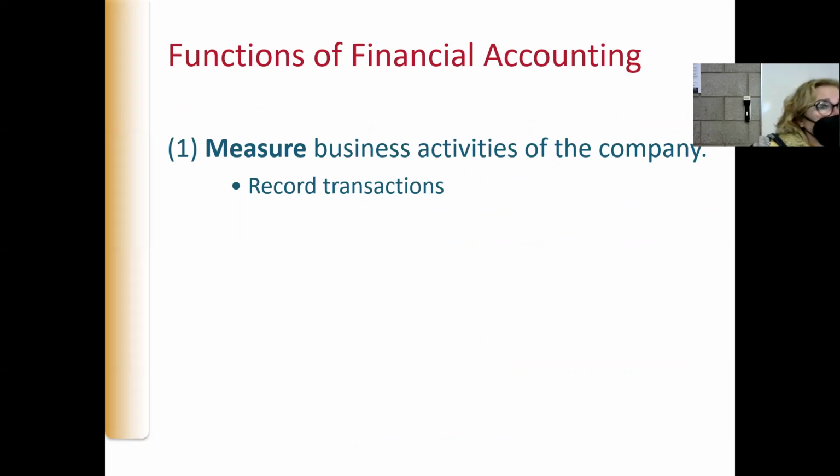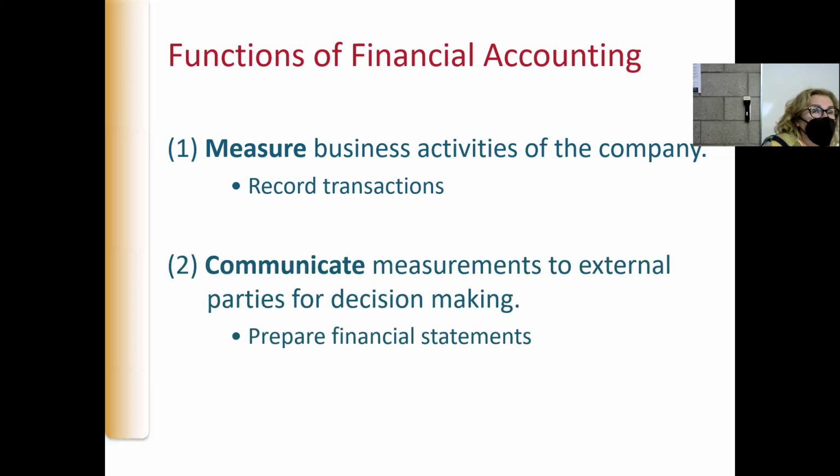So one thing we talked about last week was the purpose of financial accounting is to measure business activities. And we measure them by looking at this transaction and saying, okay, what accounts are being affected? Are they going up? Are they going down? What's happening here? We're going to learn this week how we're going to record transactions based on those business activities.